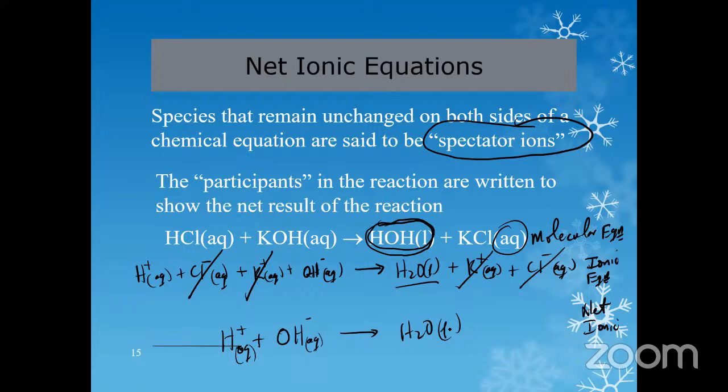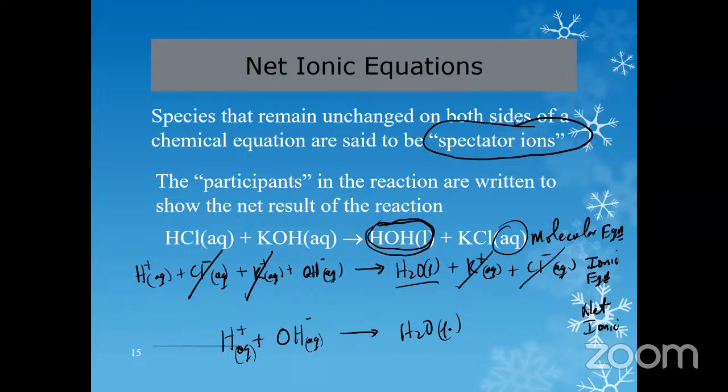So once you get the balanced molecular equation, you identify which species will undergo complete dissociation. And the species that will undergo complete dissociation are strong acids, strong bases, and any ionic compound in an aqueous solution, right? So in this case, the HCl will undergo complete dissociation because it's a strong acid.